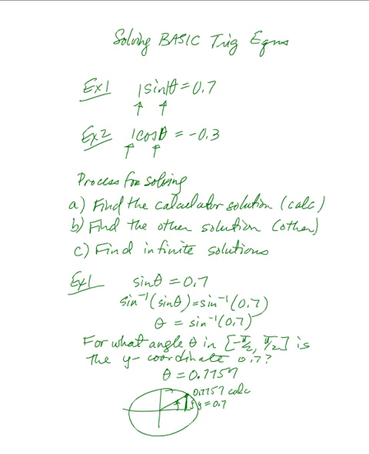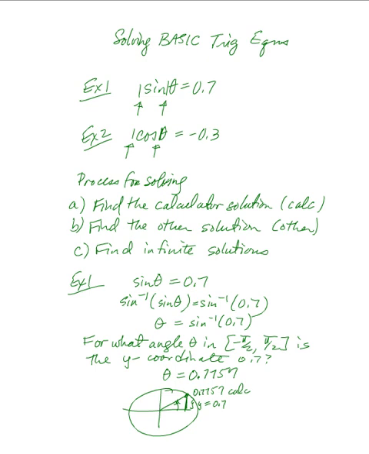So that's what's understood. And by the way, when I use the calculator, I'm always in radian mode when I'm solving trig equations. You don't want to be mixing up degrees and radians when you're solving complex trig equations. So that gave us our first solution.